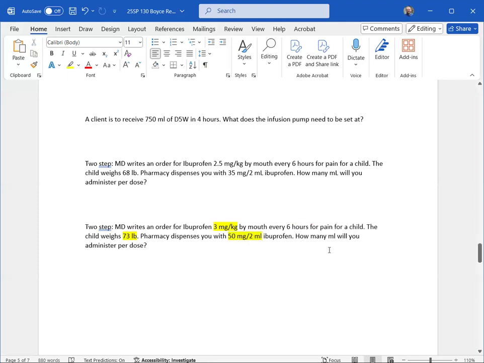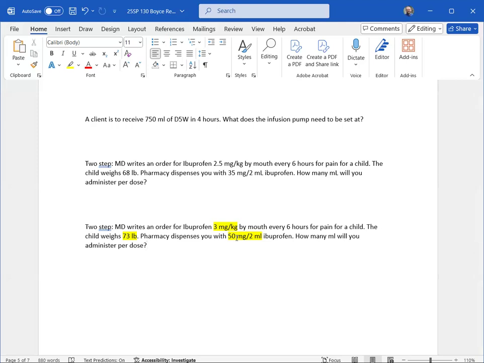And the question is, how many milliliters will you administer, or how much would you give per dose? Okay. So before we can do anything, we have to account for the patient's weight, pounds, and we have to convert it to kilograms. Once we do that, then we're going to take that number, multiply by 3, and then we are going to be able to find out what our milliliter administration would be from there.